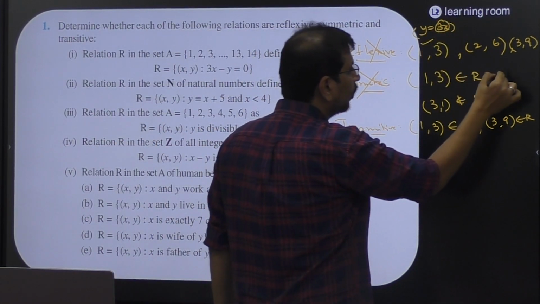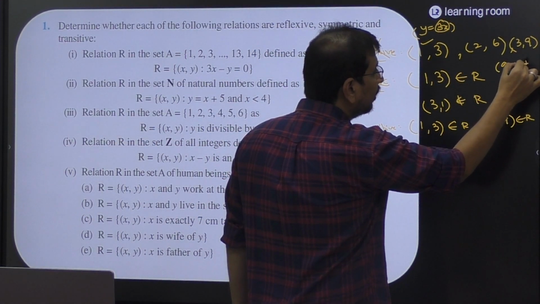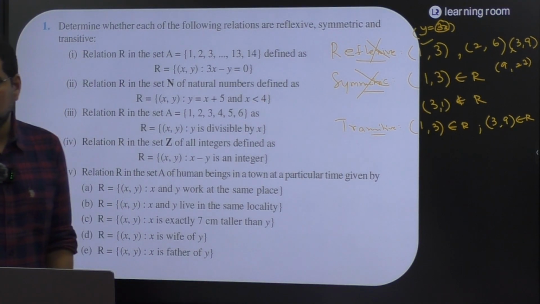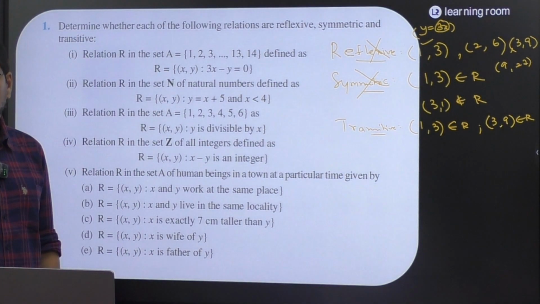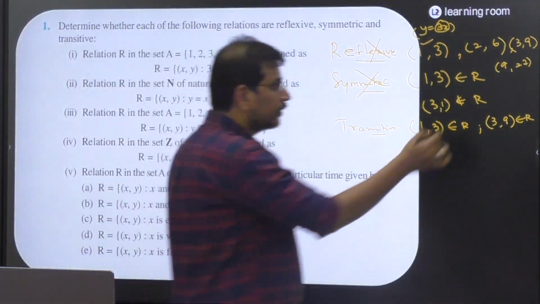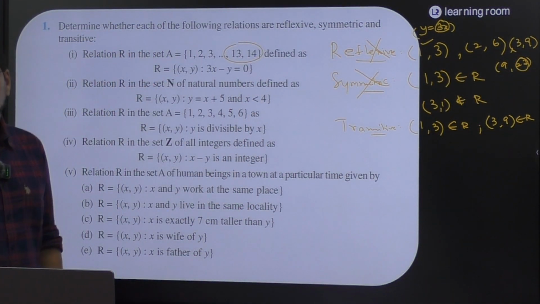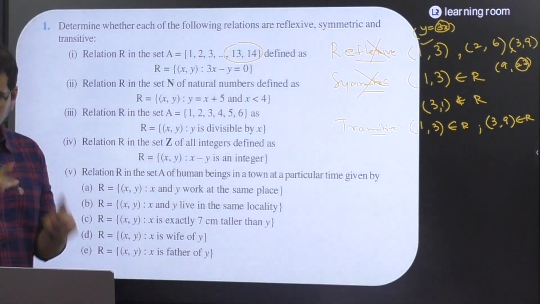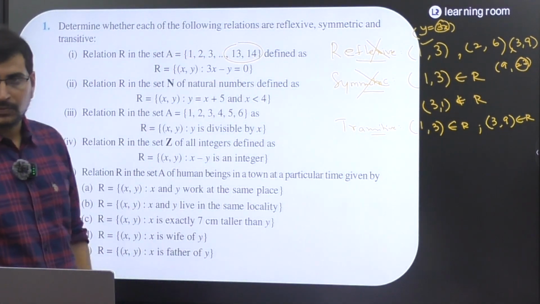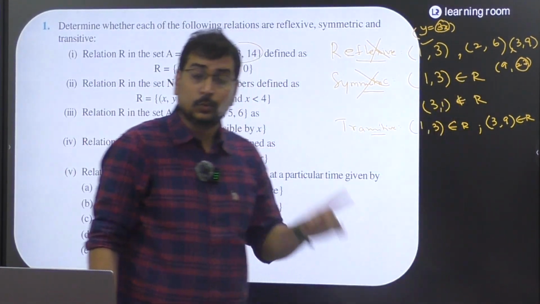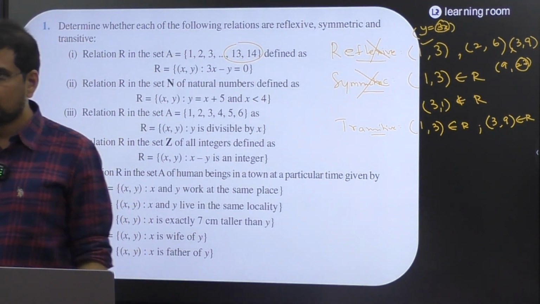I get (9, 27). This is not possible. Why? Because 27 is not a part of the set itself. Both the elements in the ordered pair should come from the set. If I put 9, I get 27. So where should I actually stop this operation?